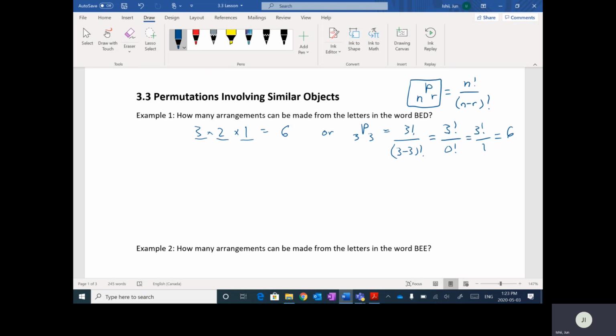Now, to explain the concept of similar objects, what I'm going to do is, in this first example, just list off all 6 possibilities for the letters in bed.